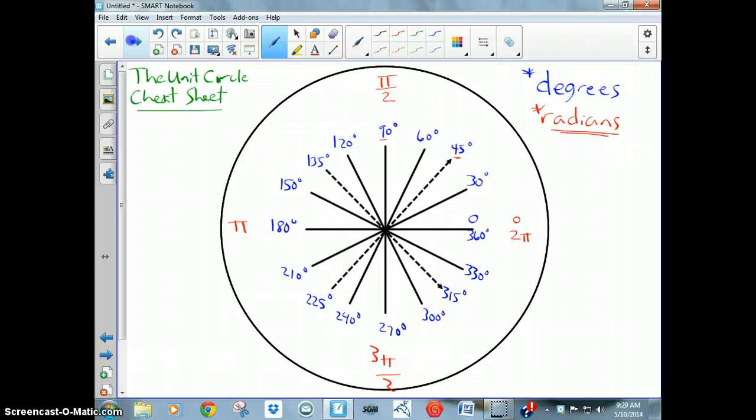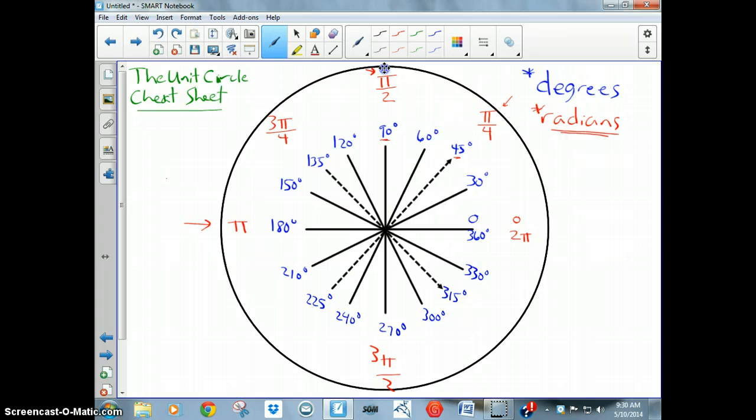Well, 45 degrees is half of 90. So pi over 2 times a half is pi over 4. That is 45 degrees. And now we're going to count by 4, people. This is 1 pi over 4. That is 2 pi over 4. So the next dotted line must be 3 pi over 4.